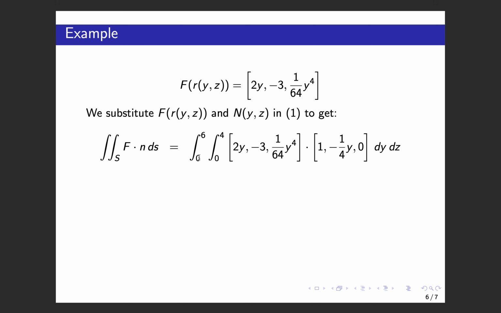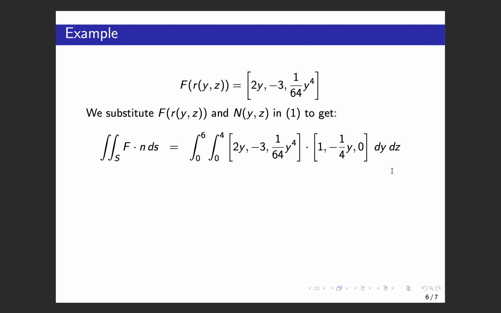of F dot n dS, which will be the integral from 0 to 6 and the integral from 0 to 4 of the dot product of f of r(y, z) times the n, which is 1, minus 1 over 4y, 0.